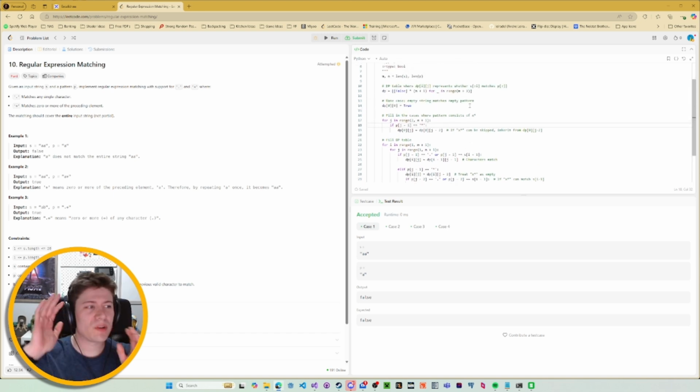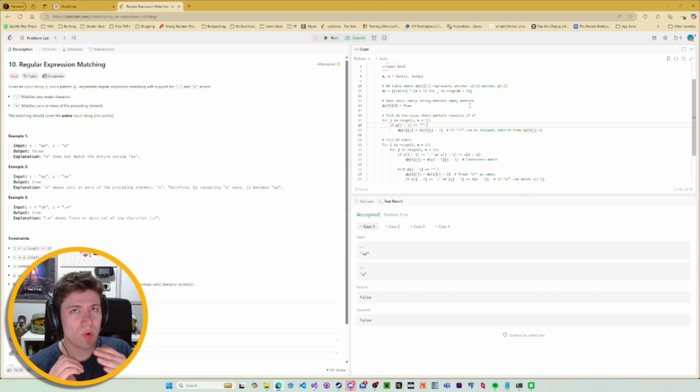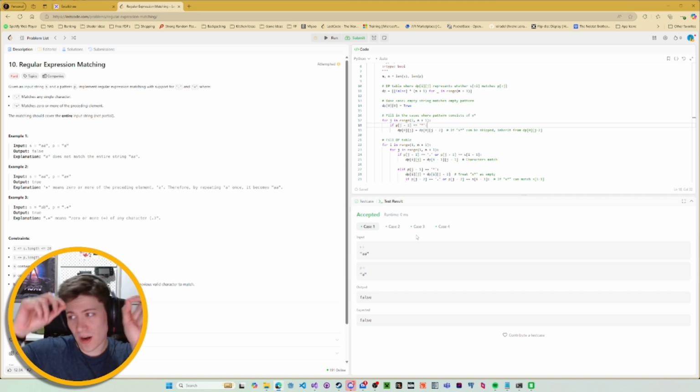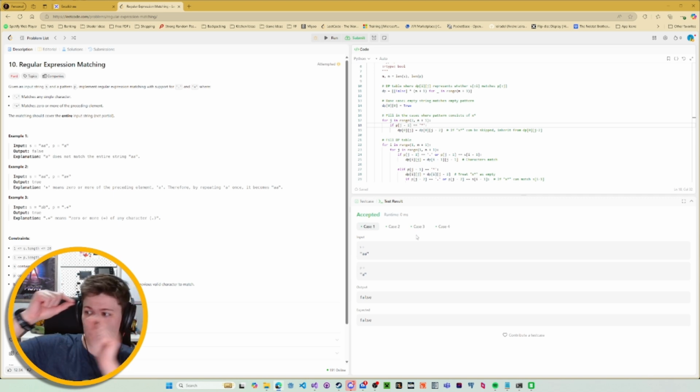Essentially, we're making a table or a matrix where we want to check every single case and go down and down as we go.